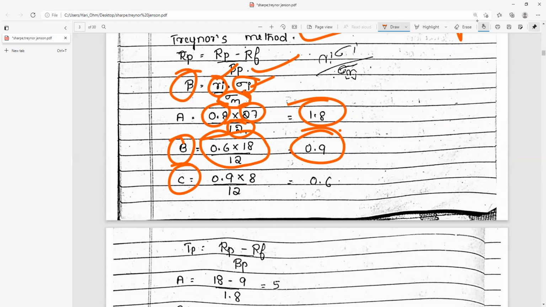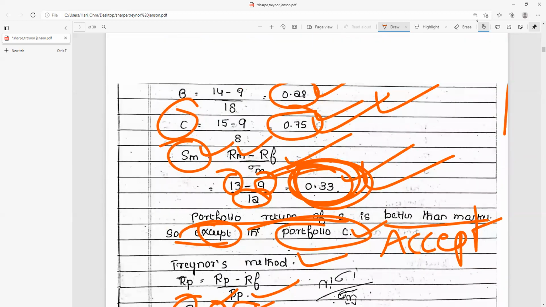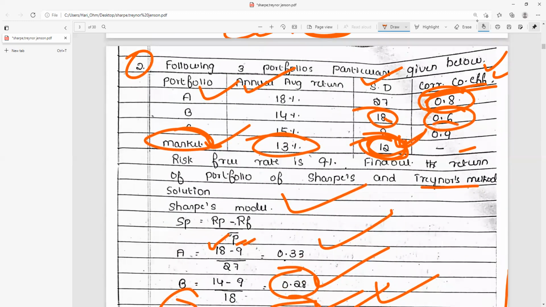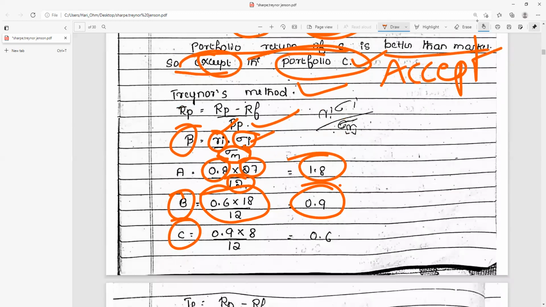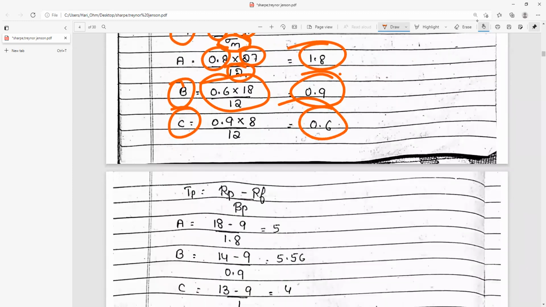Like that, calculate for C. 0.9 is the correlation coefficient, into standard deviation I, that is 8, divided by the market standard deviation, 12. You get 0.6.